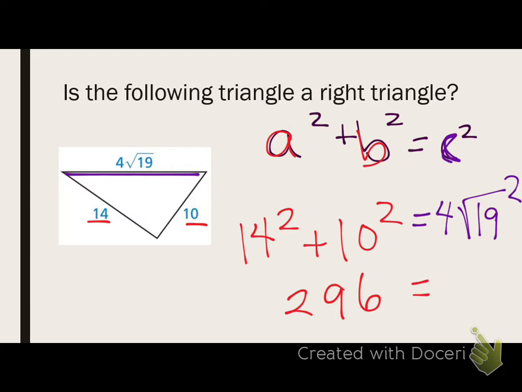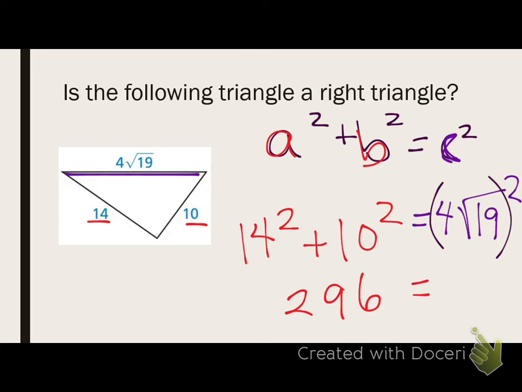Okay, what do we get for 4 square root of 19 squared? How do we do that? No, it's not 76. If you typed it in like this, you did not type it in correctly. How do I type this into our calculator? Parentheses.